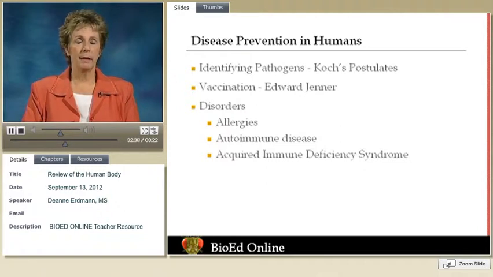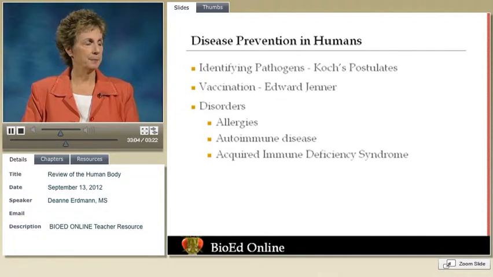And so he had a pretty risky procedure, but what he did was to actually inoculate a young boy with cowpox. When he recovered, then he actually injected smallpox into the young man, and he was protected. So while it was a pretty scary process, it has given us a lot of protection from some very serious kinds of diseases.